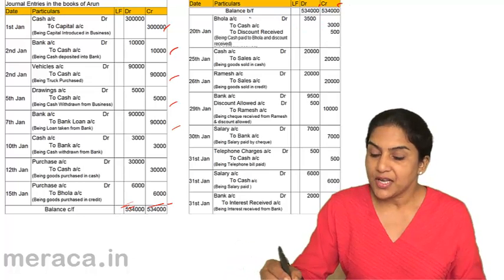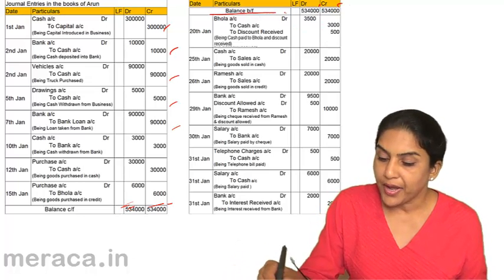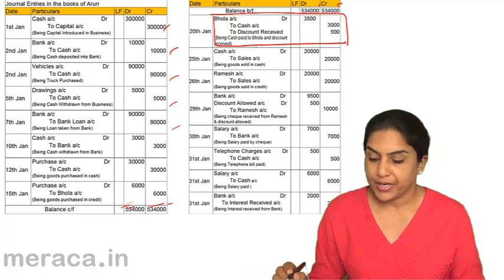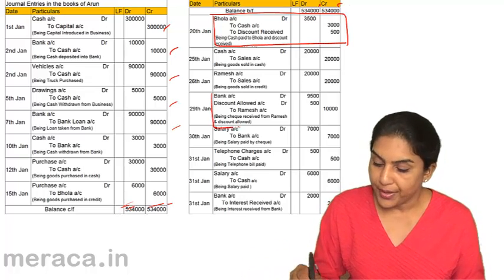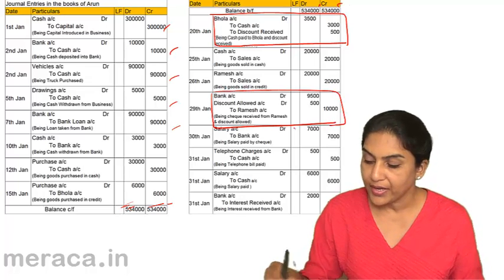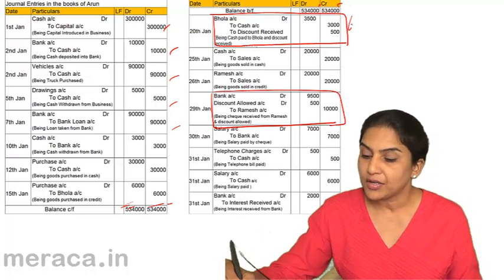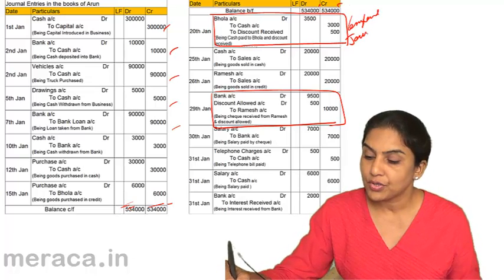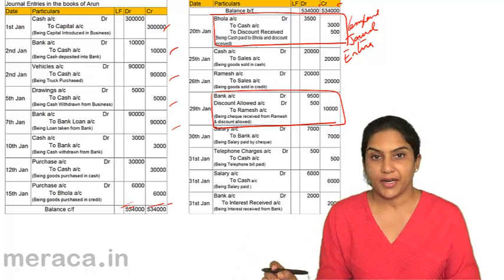All the entries where you have one debit and two credits, or two debits and one credit, are called compound journal entries.